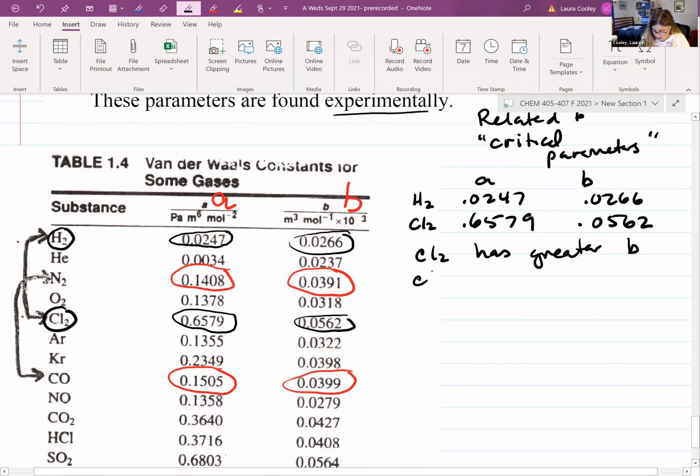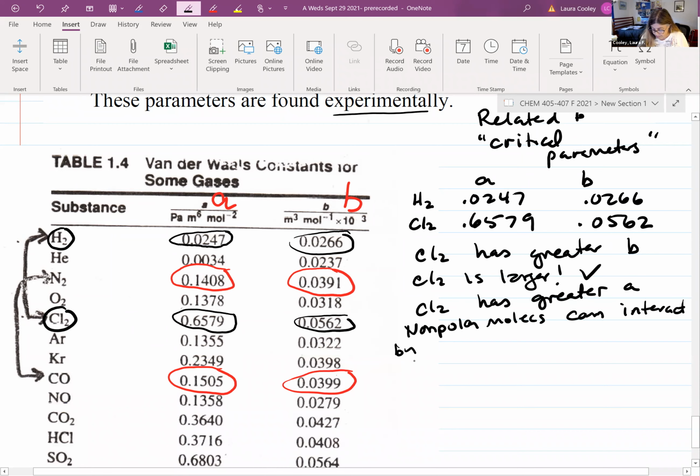Cl2 also has a greater A value. Why is that? Well, both of them are nonpolar. But if you remember, nonpolar molecules can interact by what sort of forces? Right? Those are the dispersion forces.